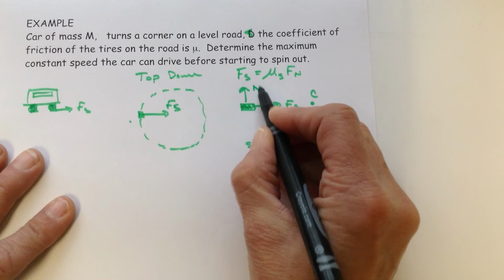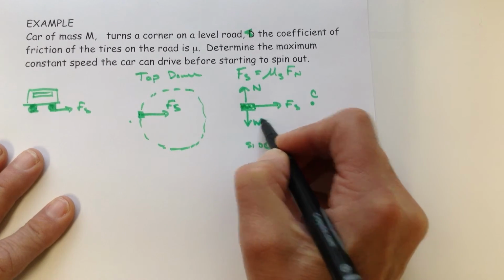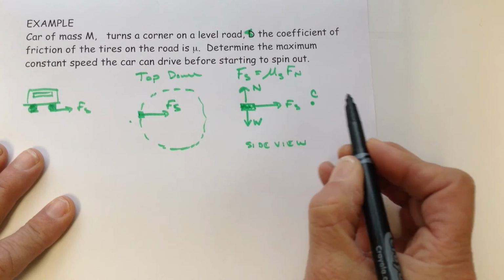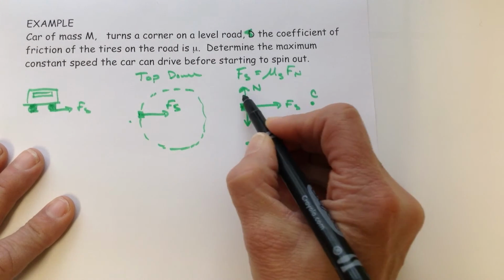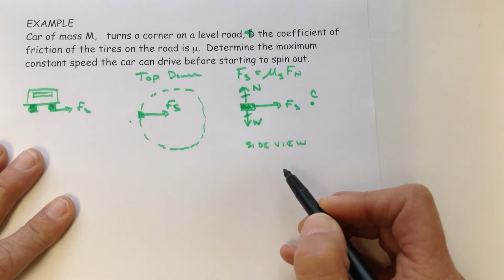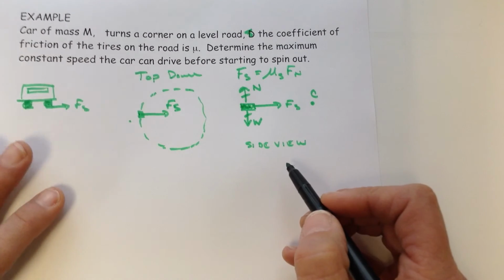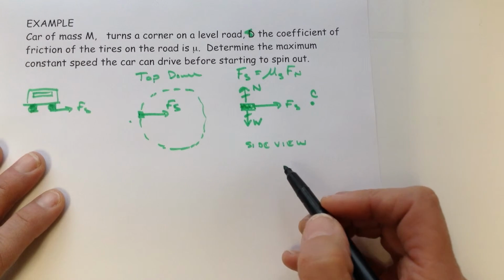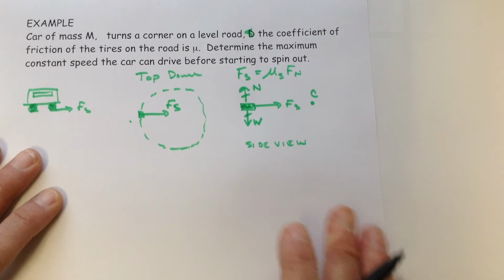We're going to have a normal force upward and a weight vector down. Because it's moving on a level, flat road, the normal force and the weight vector are going to be the same. This can be a little bit confusing, but again, it's about the context of the problem and conceptually reasoning your way through it.